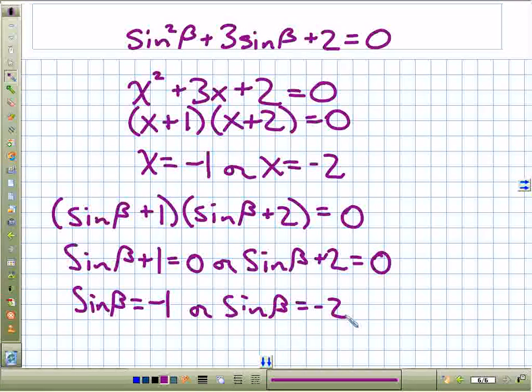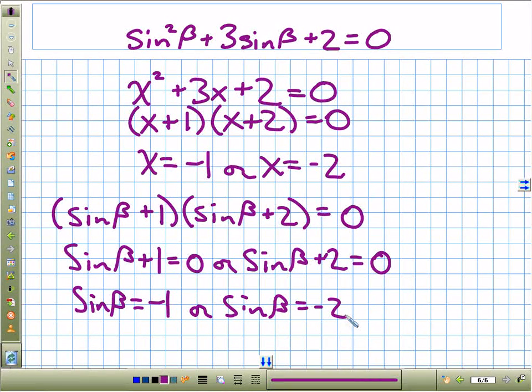Now, let me ask you this. Is there anything I can do right now to really cut my work down? There's an observation I can make at this point that will make things easier. Well, do you see anything wrong with either one of these equations? Is any fundamental idea violated here?